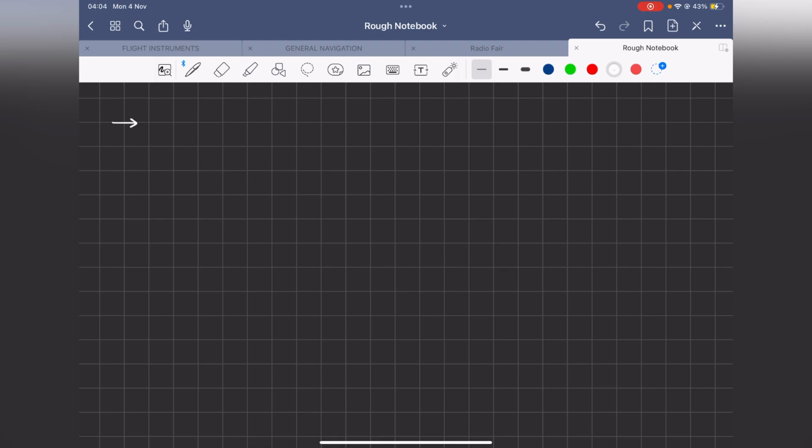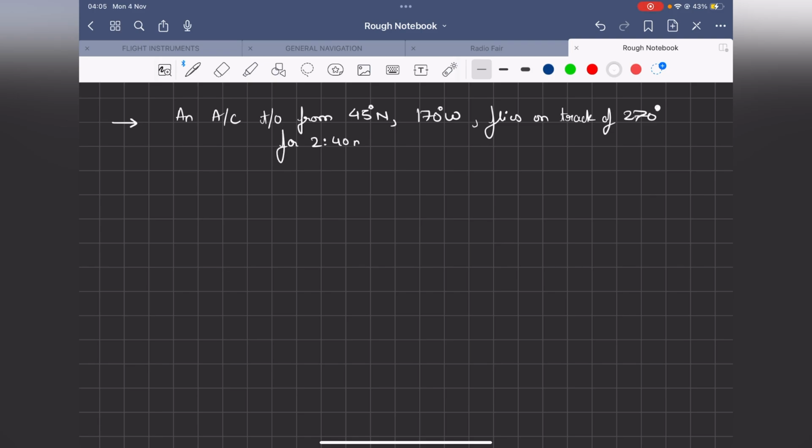So, the question is, an aircraft takes off from 45 degrees north, 170 degrees west, flies on a track of 270 degrees, flies for 2 hours 40 minutes at a ground speed of 360 knots.